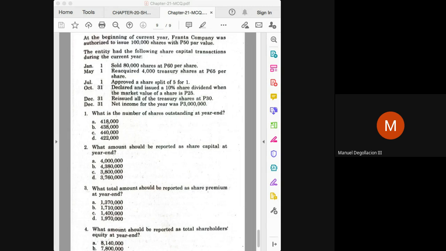Next, what total amount should be reported as share premium? What transactions gave rise to share premium? We have the January 1, which was 800,000, and then the October 31 transaction for the stock dividends, which was 570,000.